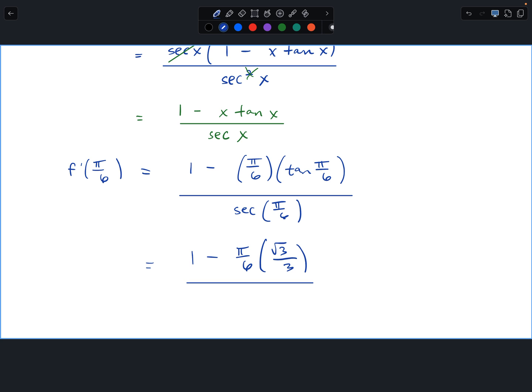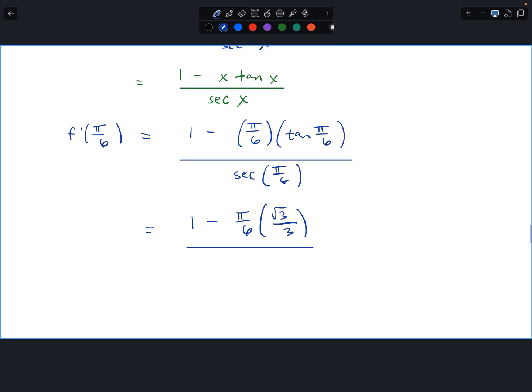Okay. The secant of pi over 6. Secant is a reciprocal of cosine. What's the cosine of pi over 6? Square root 3 over 2. So the secant of pi over 6 would be the reciprocal, so it's going to be 2 over square root 3.